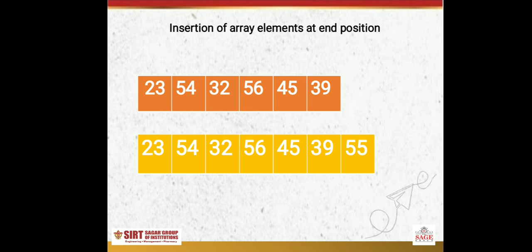Suppose I want the new element, 55, and I want to insert it at the last position. So what happens? The element would be inserted into the last position, that is, after 39 one new space would be taken by the new element. Let's see how we're going to do this.